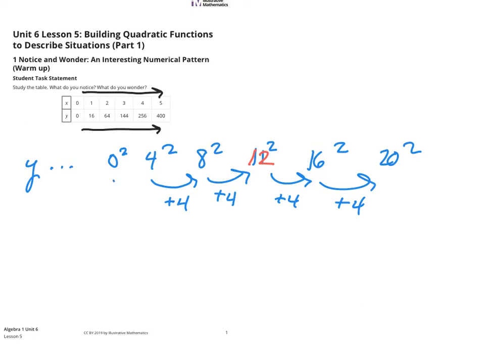Okay, trying to find the pattern. That's a cool pattern. What else? We could also say the y values are divisible by 4, 8, and 16. All of them are.